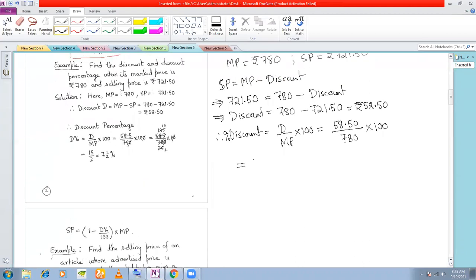Okay. So now we simplify this. What you do here is you can shift one decimal. Write this as 585 over 7800, into 100.